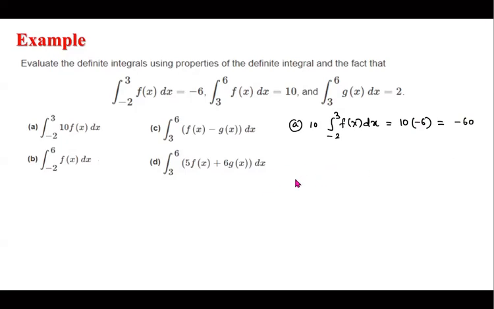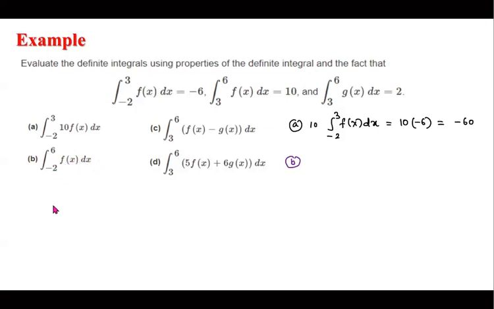Now let's look at B. Maybe B involves a little bit more math. In B, we are asked to find the integral from -2 up to 6. Here we have -2 up to 3 and then 3 up to 6, but here we are directly going from -2 up to 6. That means you can split this into two integrals.